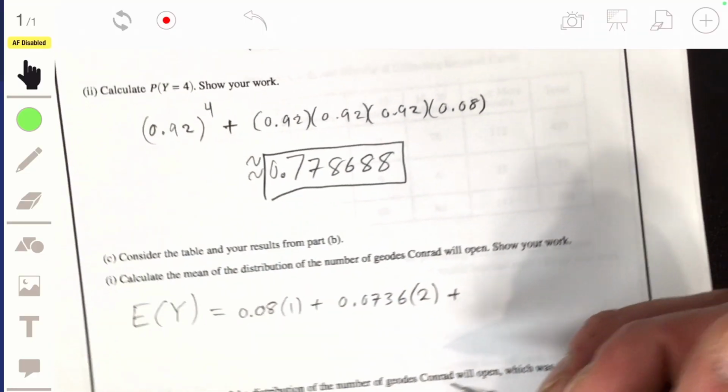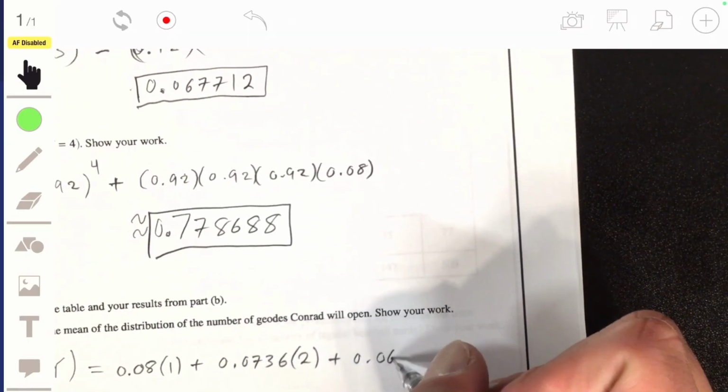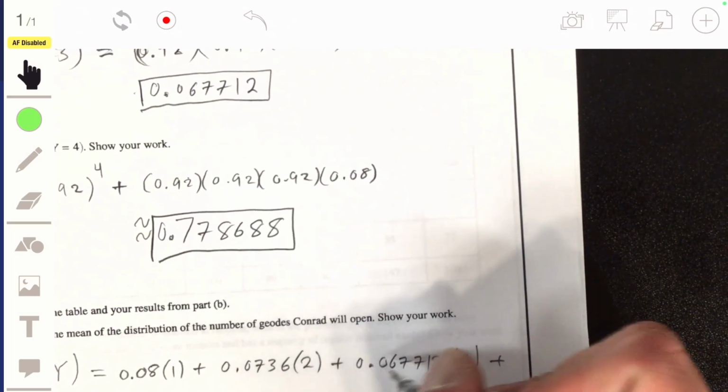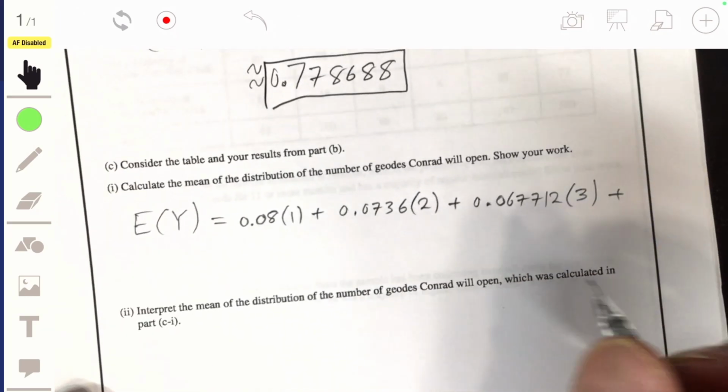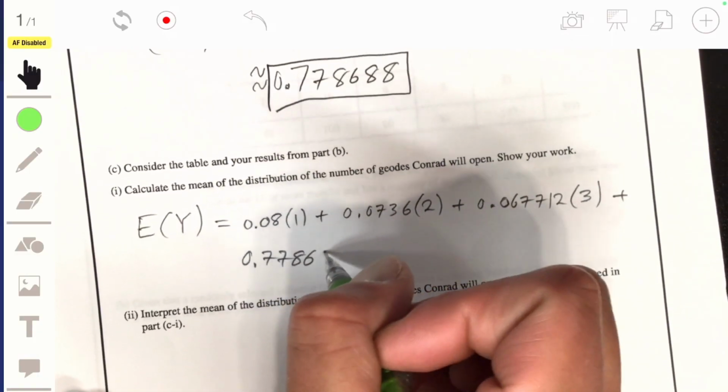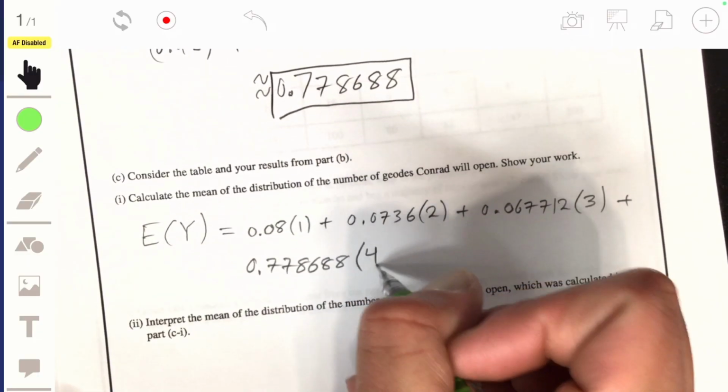Plus the probability that y is 3, which is this guy, 0.067712 times 3, plus the probability that y is 4, 0.778688 times 4.